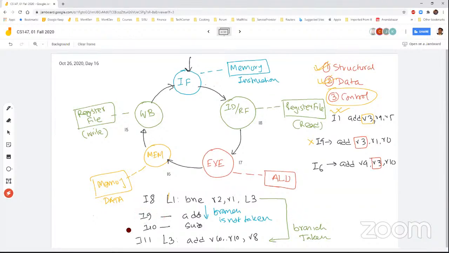So here's a dilemma, and we need to go either way. Let's say it predicted that the branch was taken. With that prediction, it picked up instruction 11 from here.